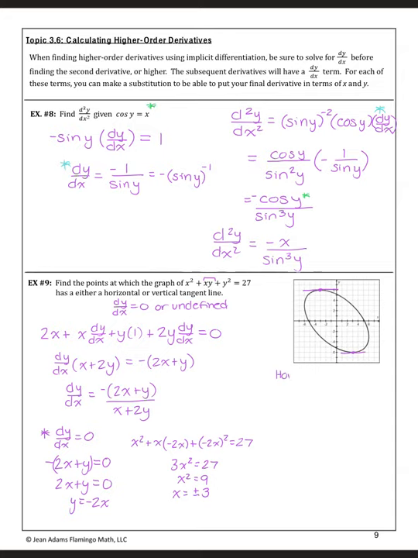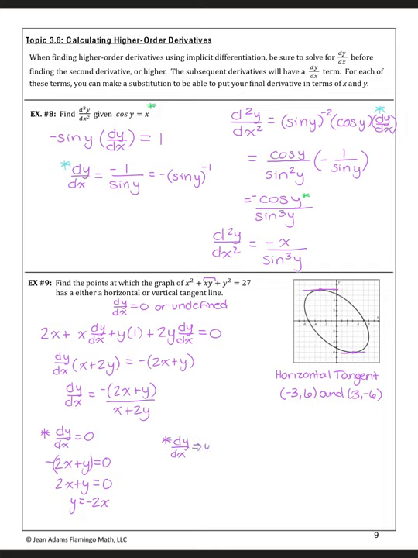So the horizontal tangent happens at negative 3, 6 and 3, negative 6.